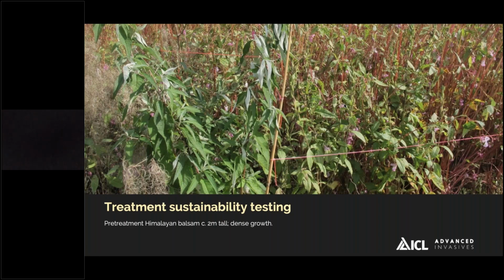We were looking at how we could improve the sustainability of the management of Himalayan balsam, but sustainability isn't just about using less herbicides, it's doing things in an economically sustainable way so that we can achieve our stated goals. So where we look at methods that aren't going to be effective, that's one side of the coin. The other side of the coin is, can we maintain those methods for long enough that we can control, manage, or potentially eradicate a population in situ?